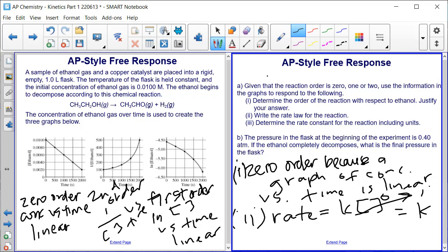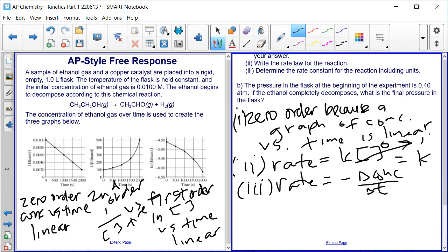Now, part 3 says determine the rate constant for the reaction, including units. Okay, so if we remember back, there are a couple of ways we can think of this. If we remember back to the very beginning of this unit, we know that rate is equal to, for a reactant, the negative change in concentration with respect to time.